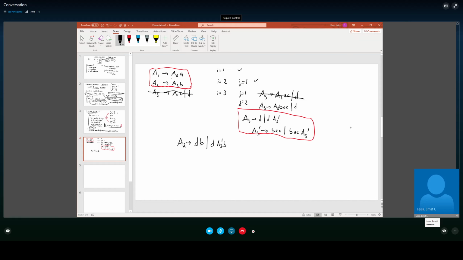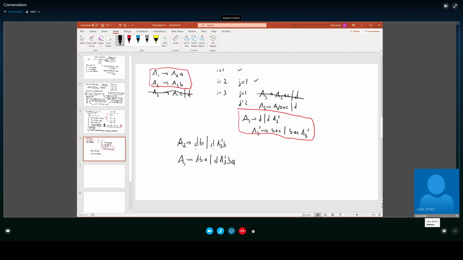It follows then that all these productions have to start with a terminal, and if we substitute the A3 right-hand side for the A3 occurrences, in this case in the A2 production, then again we're going to get A2 productions that start with a terminal. Then we can take the A1 production and do the same thing with the A2. So we have D B A, or D A3 prime B A.